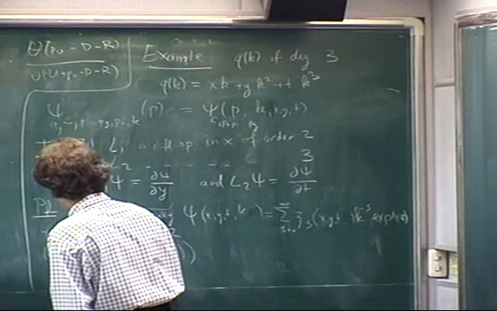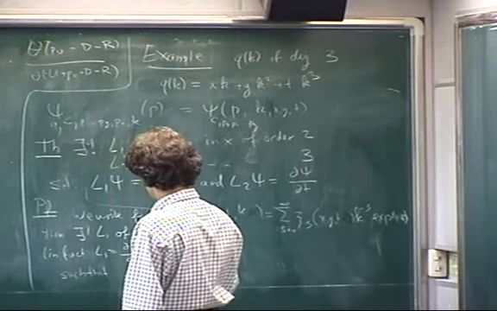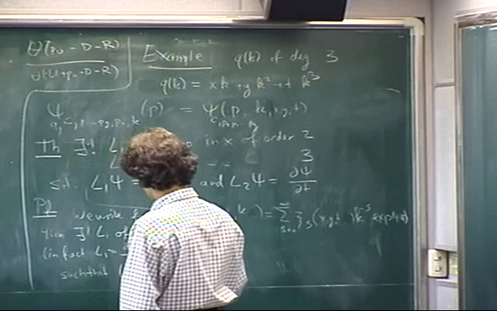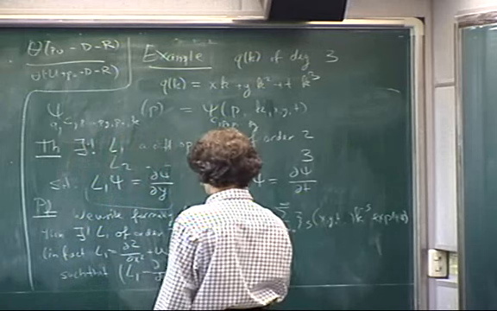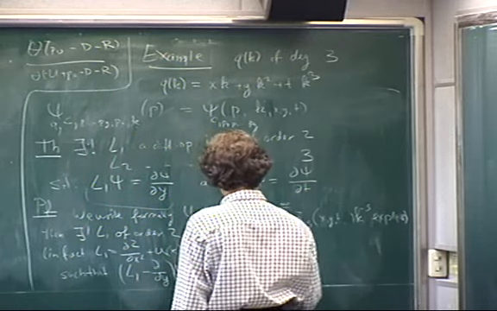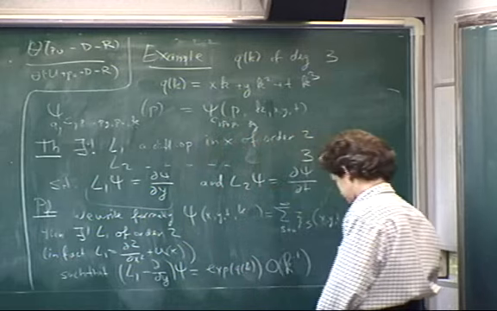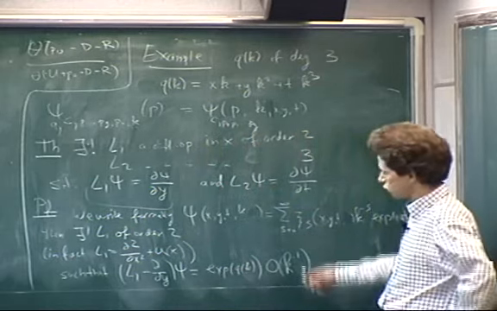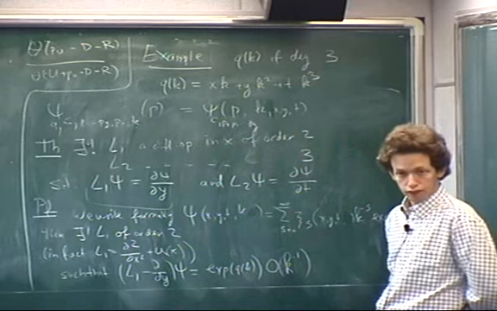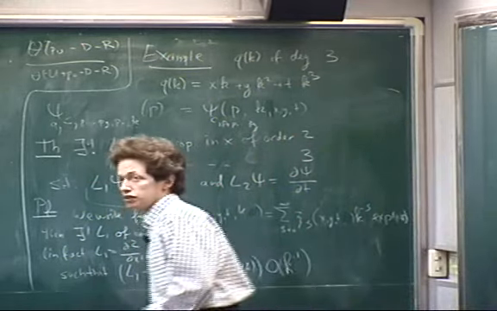Such that L1 minus d dy applied to psi is equal to the exponent of q of k times O capital of k inverse. Okay, so that there is no constant term. Right? So how do you see that? That I won't do.